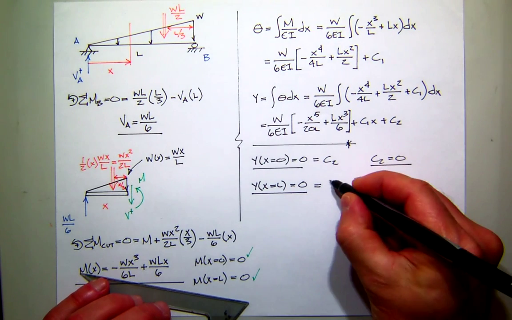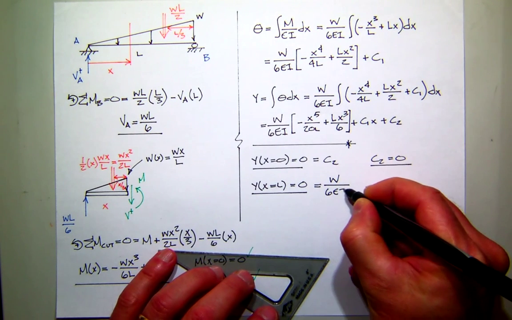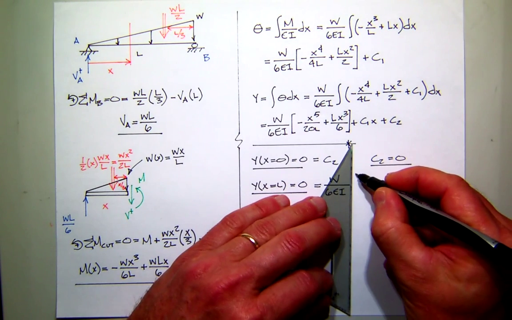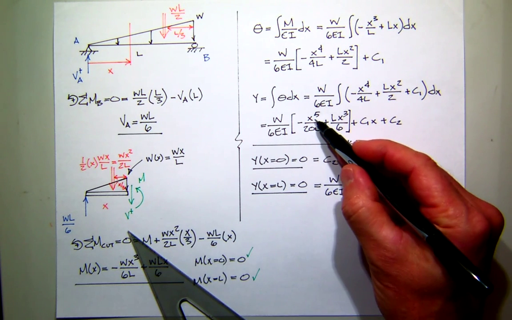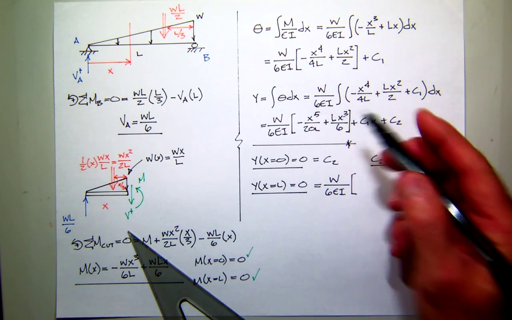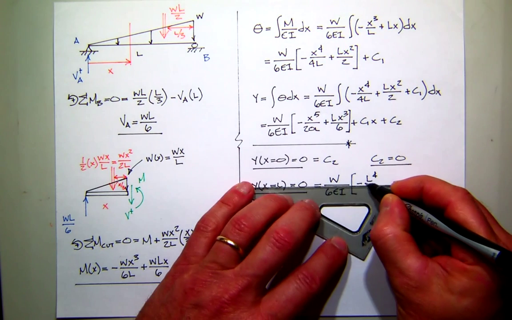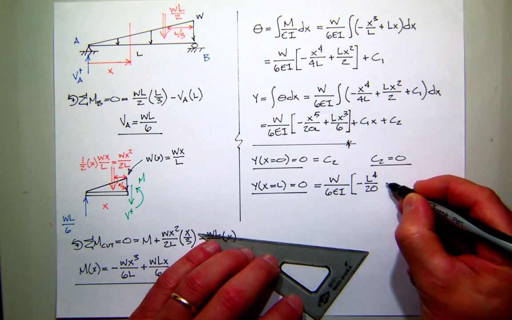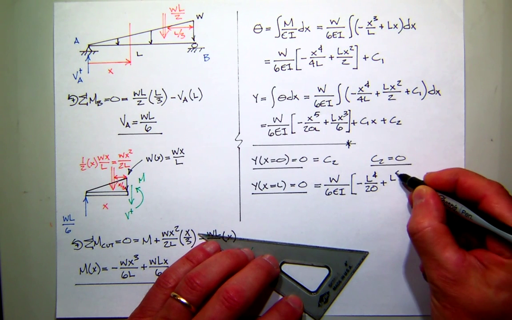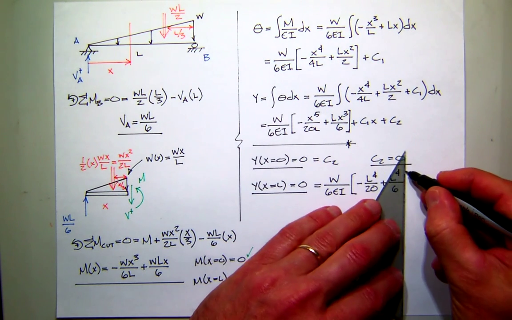Let's see. So I've got W over 6EI, and then I'm going to have, this is L to the 5th, that cancels, so I got minus L to the 4th over 20 plus L to the 4th over 6, right?